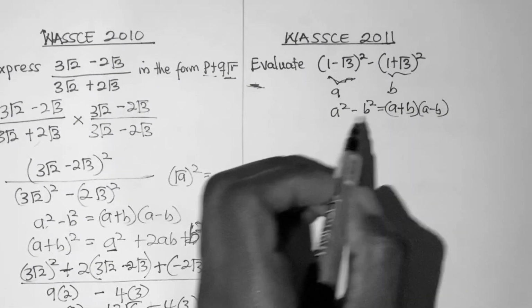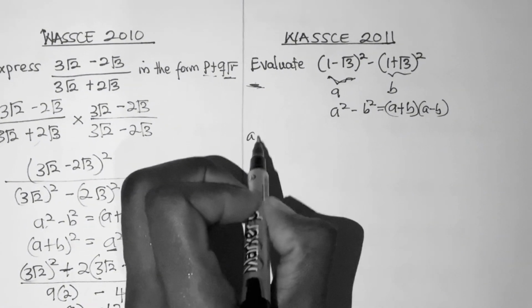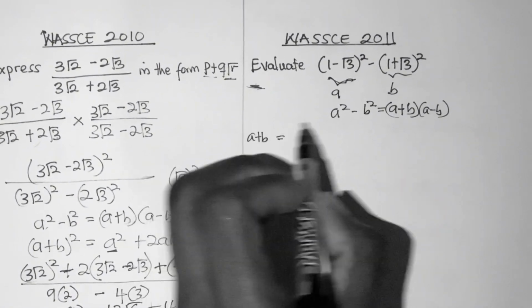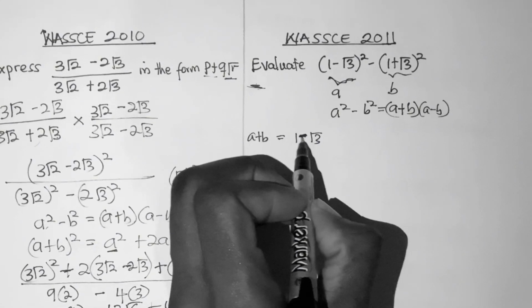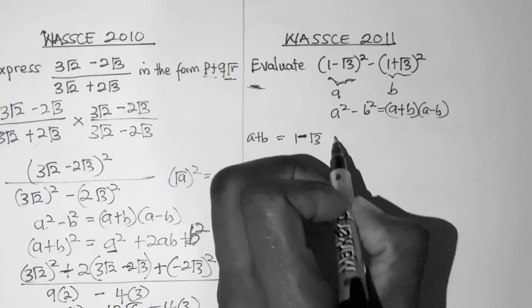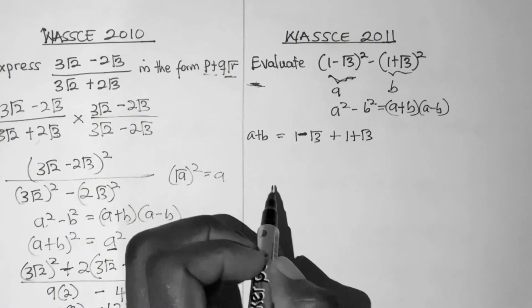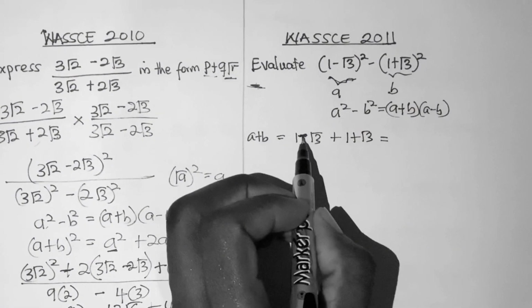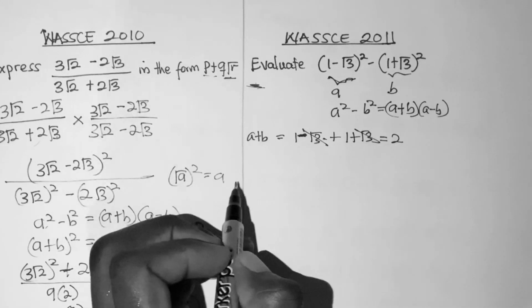So now let's do this. A plus B is equal to 1 minus root 3, plus, this is B, 1 plus root 3. So what is this? Minus root 3 plus root 3 will cancel out. 1 plus 1 is 2.